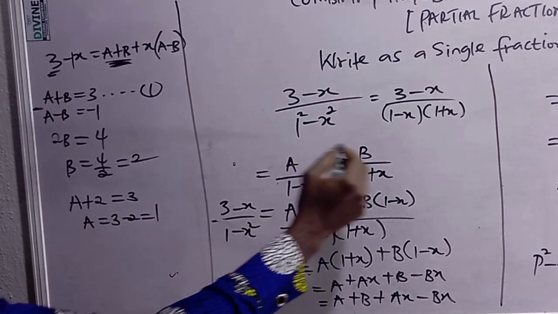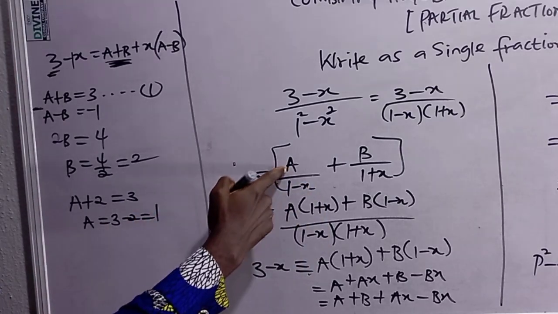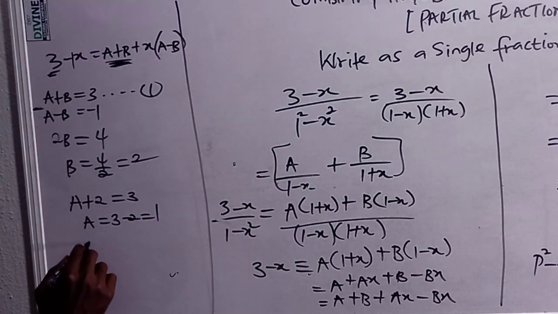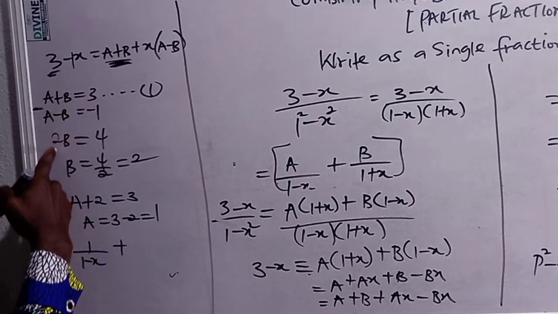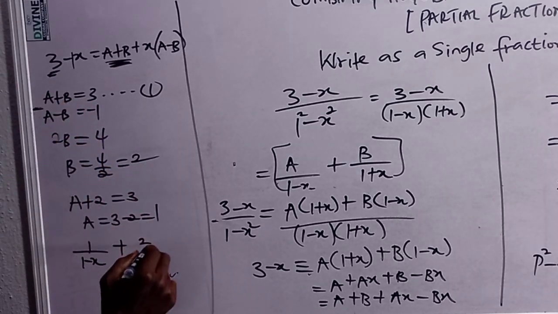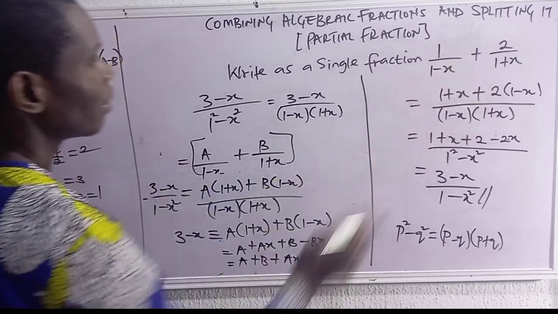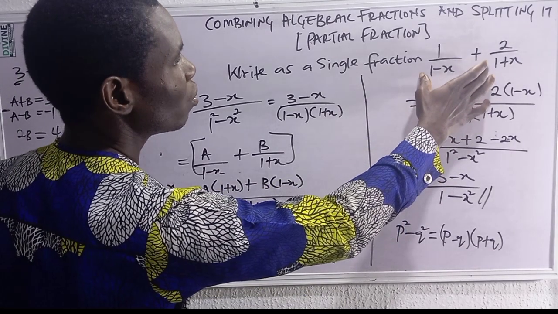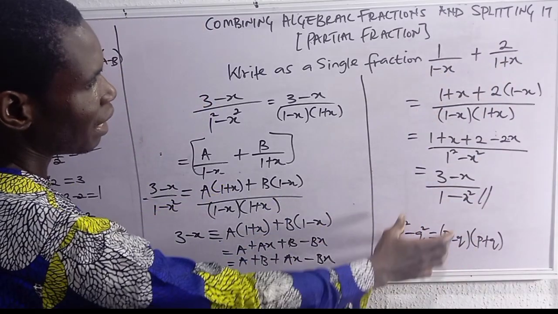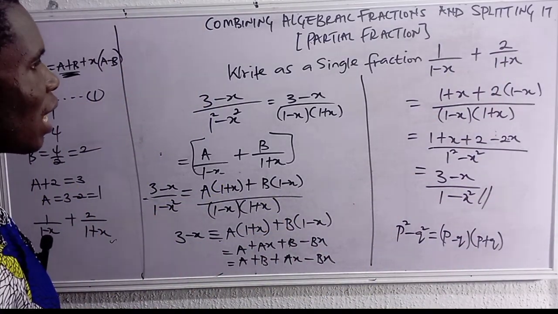So from here, this partial fraction now becomes a, which is 1 over 1 minus x, and b, which is 2 all over 1 plus x, and that gives us the original question. So we've been able to combine this fraction and then split it back into a partial fraction.